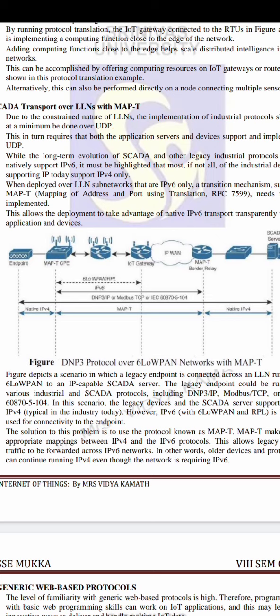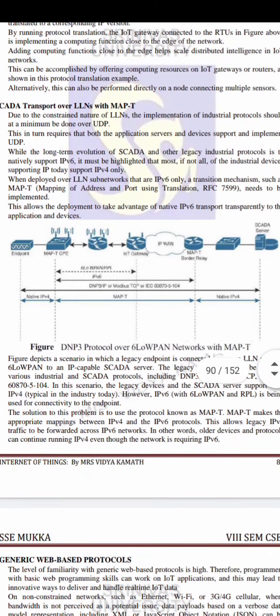Why this is needed is that the previous application layer protocols follow IPv4. Even though IPv6 is now available, most of the devices may not follow it. So to make your IPv6 low power lossy networks work, you will need to implement this MAPD for the conversions.